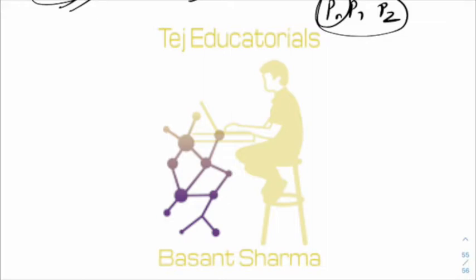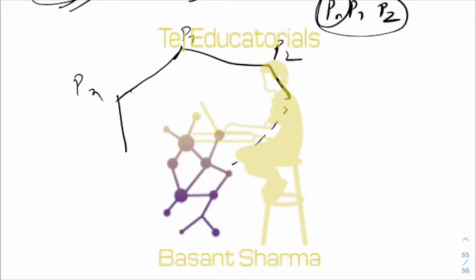Now if you want exactly one side in common with the polygon, suppose your polygon is something like this. P1, P2, this is Pn. Now suppose you select this side P1, P2. This is the side that we want in common with the polygon.